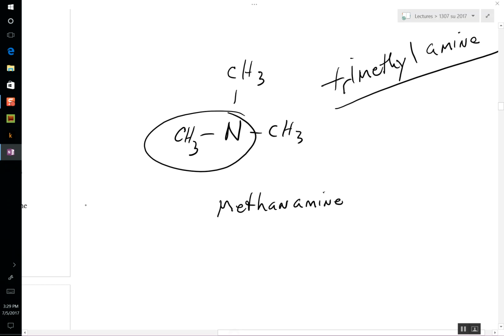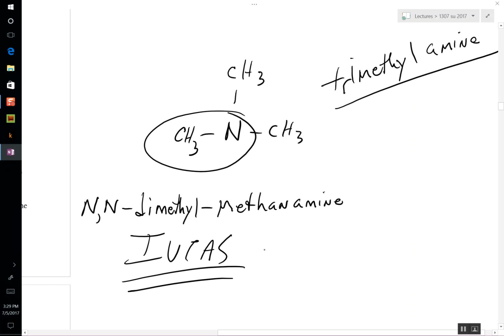And what is it? It's N,N-dimethylmethanamine. So that's an IUPAC name. Not simple. IUPAC, not IUPAC. That's an IUPAC name. You can see the simple name is a lot smaller, a lot shorter and simpler. Trimethylamine.